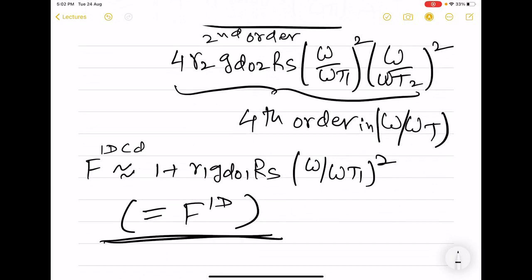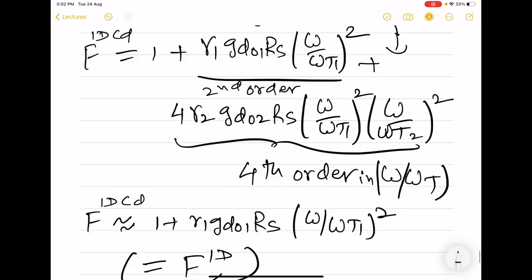So we have already seen that the ID case is the best in terms of noise performance. So this cascode one is as good as ID. Very surprising because we have now two MOS. So the contribution of the second MOS is very less, and we have now more gain also, and better reverse isolation.